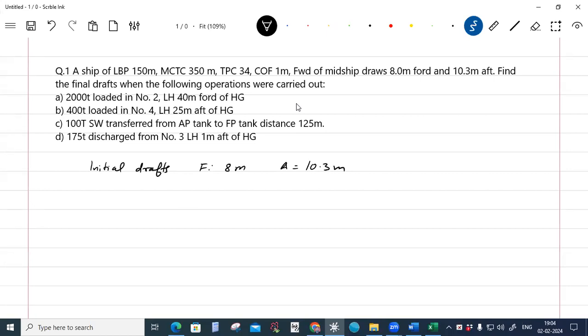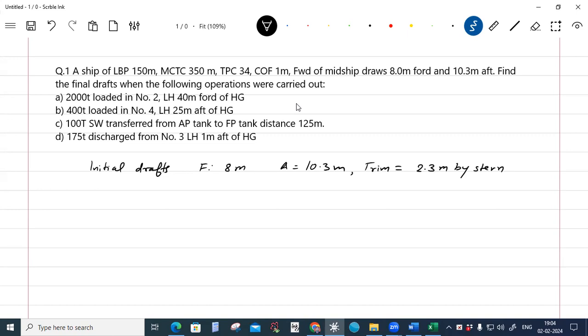So trim is how much? 2.3 meter by stern. You need to find the final drafts when the following operations were carried out.